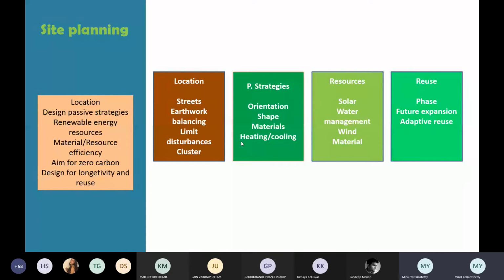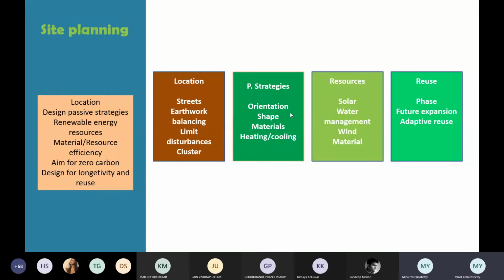So absolutely not your point of concern, neither is the budget, thank God. In real life, those two things really control your projects. But here at this level, let's focus on resources like material, wind, solar, water management. Any other kind of resources that you can think of can go here.